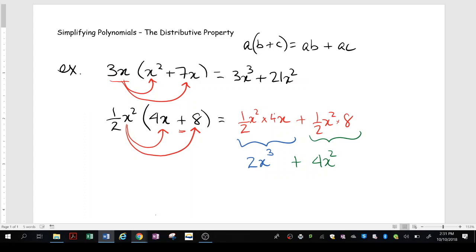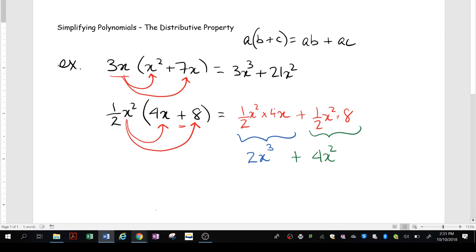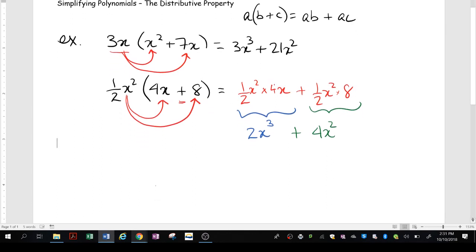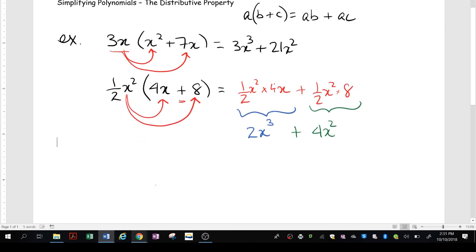Now let's look at a slightly more challenging example where we are simplifying polynomials and combining like terms involving the distributive property.